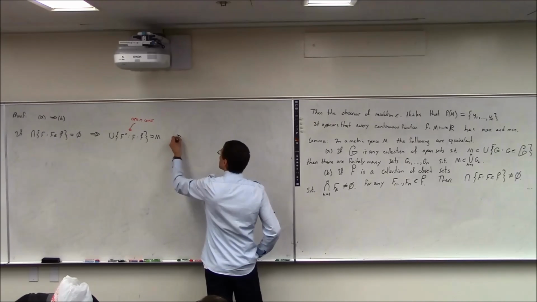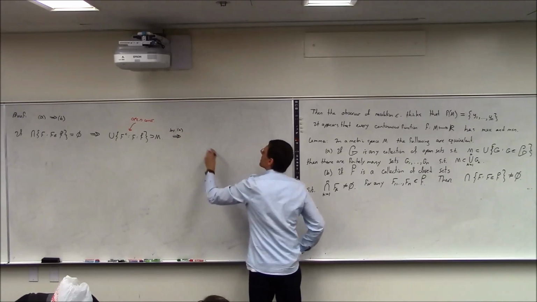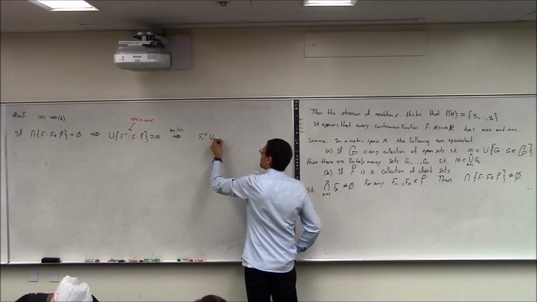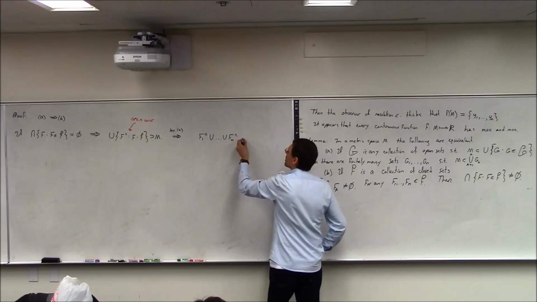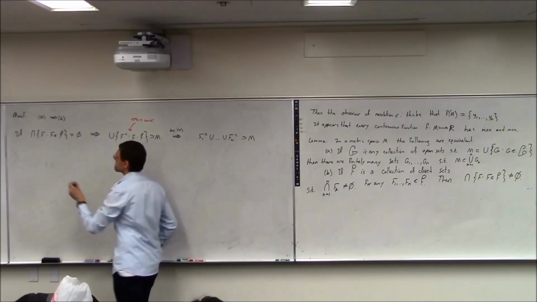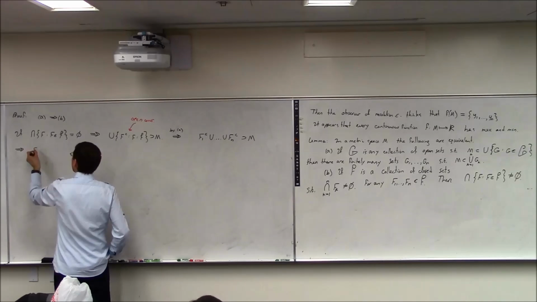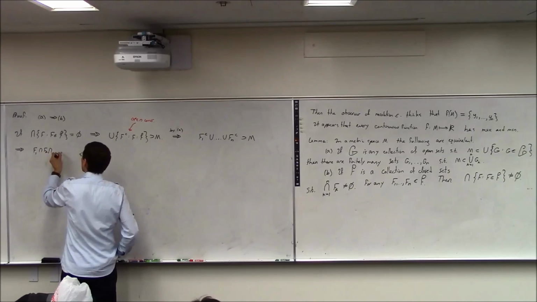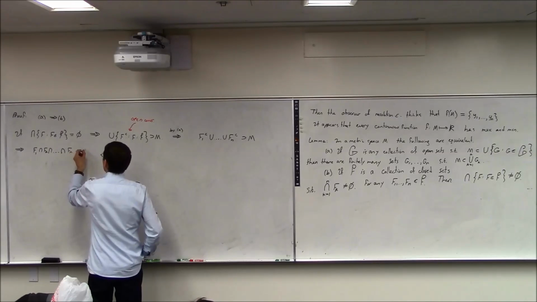So that implies, by A, that F1 complement union through Fn complement contains M, which then implies that F1 intersection F2 intersection through Fn is the empty set.